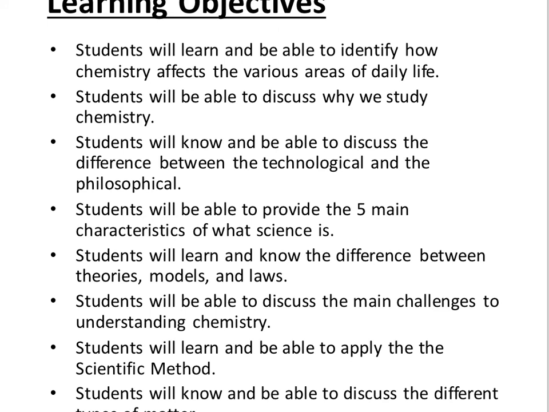We also went through several reasons why we're studying it: being safe, making sure we're not duped, making sure we're understanding the things that we're putting into our body, understanding why we're doing some things or not doing some things. We also talked about the difference between the technological and the philosophical, so the things that are theory, or the things that are actually based on fact or based on experimentation.